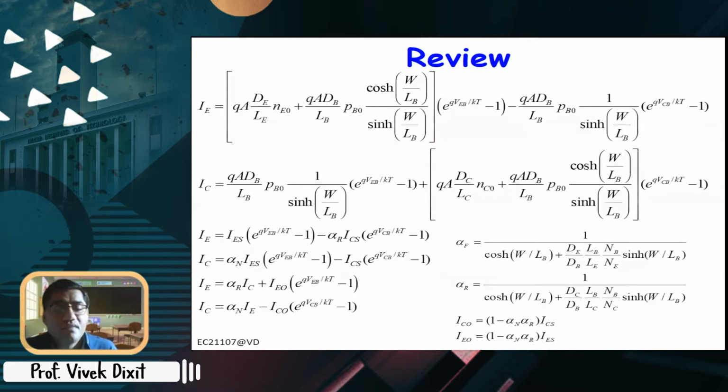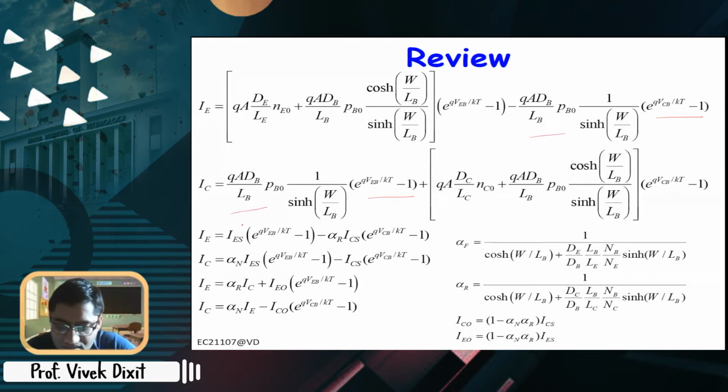Now if you add all the components, IEN plus IEP, you will get the expression for IE. Similarly, if you add ICN and ICP, you will get the expression for IC. Again you notice here the coefficient of exponential qV_EB by kT and exponential qV_CB by kT, in these two they are similar.